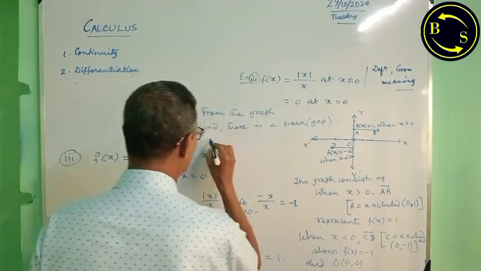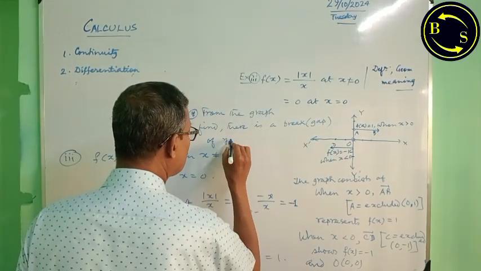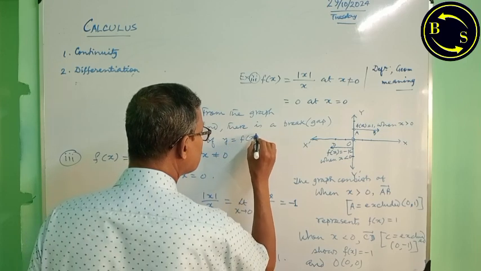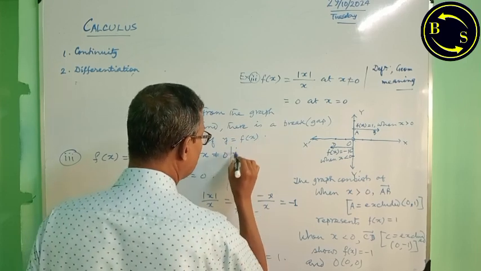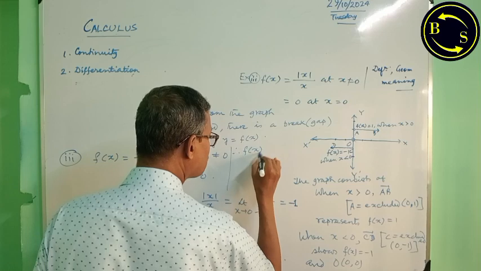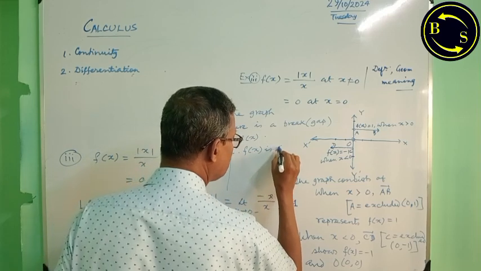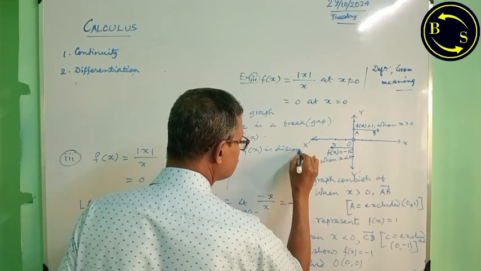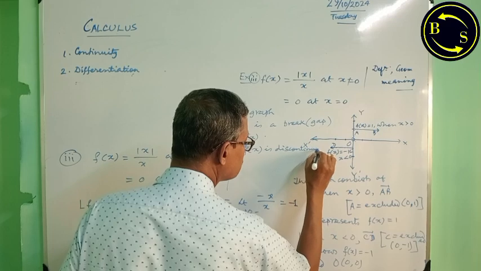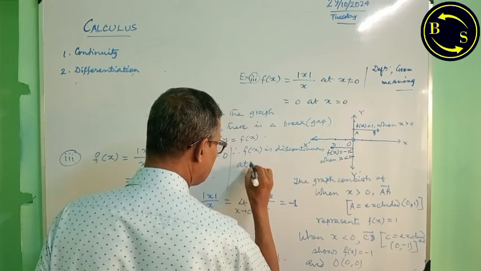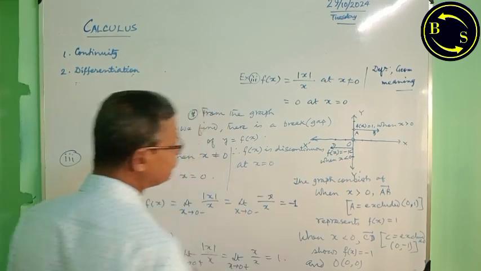There is a break of y equal to f(x). Therefore, f(x) is discontinuous at x equal to 0.